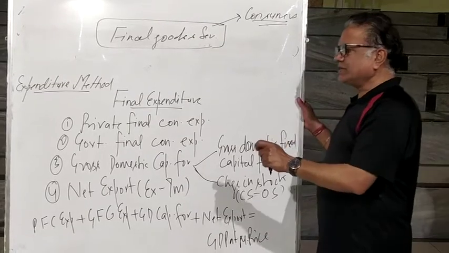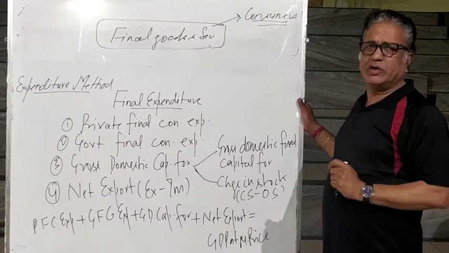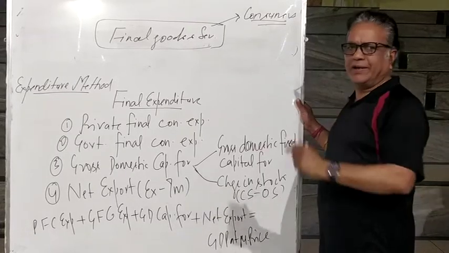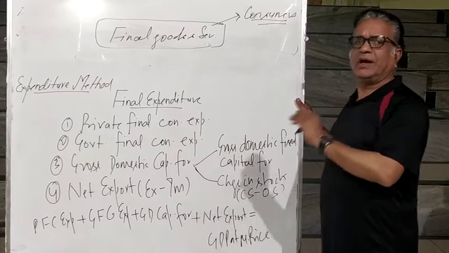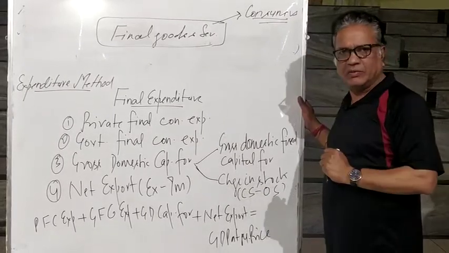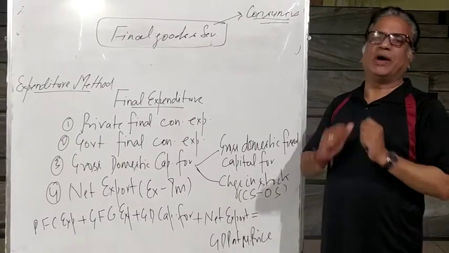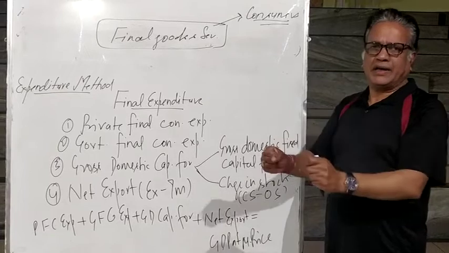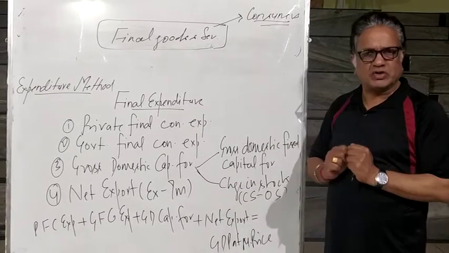So there is one set of consumers, they have money in their pocket. What they will do? They will go to the market and they will purchase the commodity and they will do their consumption. That is called household consumption expenditure. Clear? The first set of consumers are having their own money and they are going in the market and purchasing different goods and services to make the consumption possible.